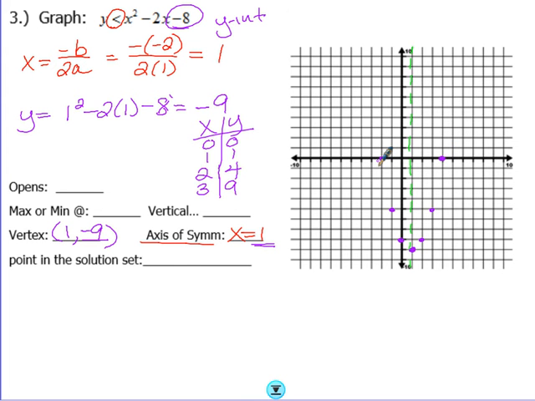Based on our inequality, we're going to have a dotted or dashed line. And our shading, since it is less than, is going to be below.